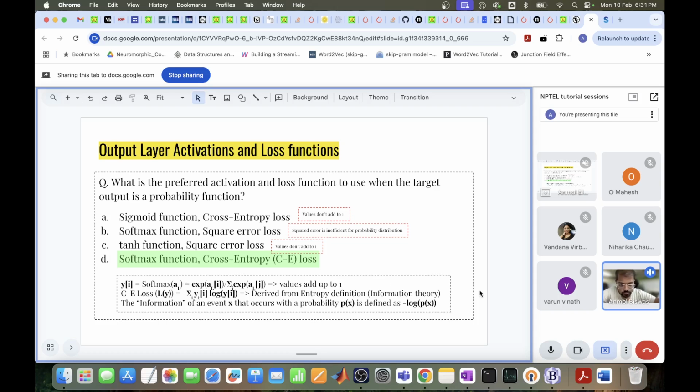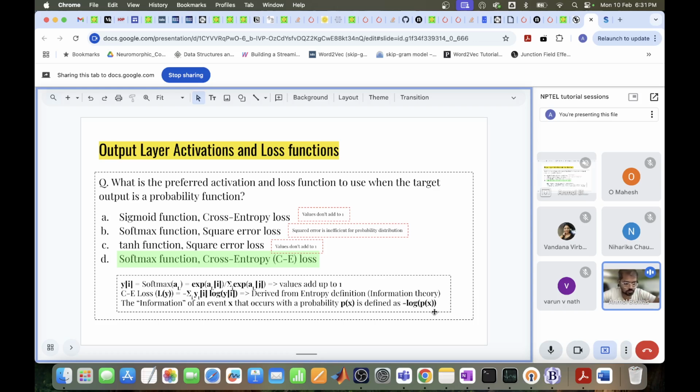And this is derived from the entropy definition from information theory. The information of an event x that happens with the probability p(x) is defined as negative log p(x), right? So the more unlikely an event is, that is, the lower this value of p(x), the higher the level of information that is present in that event.